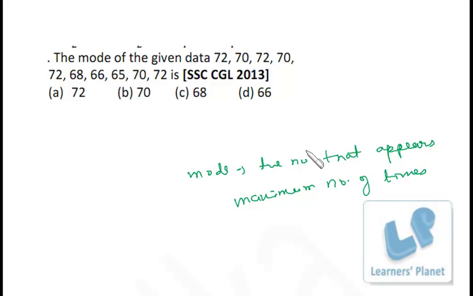Okay, so here 70, 70, 70, it is 3 times. 72 is there 1, 2, 3, 4 times. 70, 68 and 66 just once. Okay, so 72 is the mode of this given data.